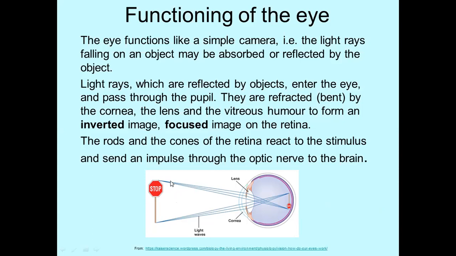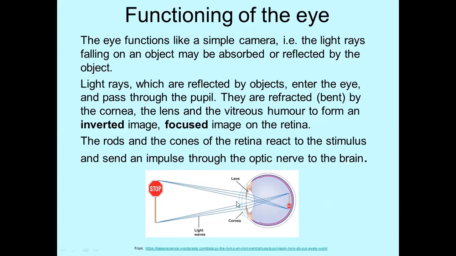So going through that again. Light rays fall on this object. According to the material from which this object is made and the colors which it is painted, it will absorb certain of those light rays, but it reflects the rest of them back.